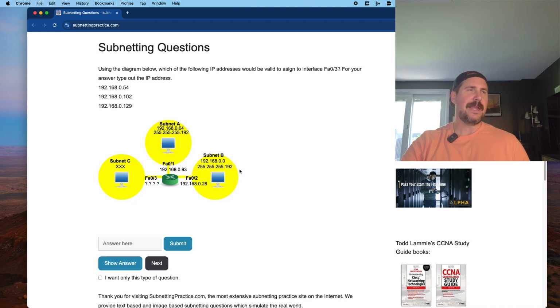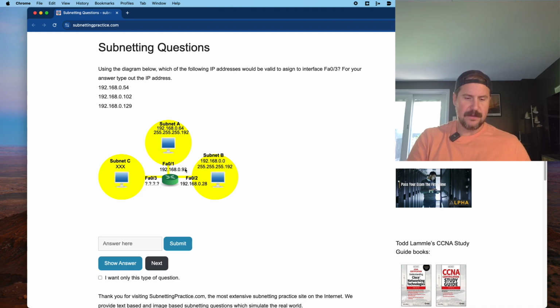The same thing for subnet A. We give it a range from 64, and it's a block size of 64, so 64, 128, 127. So a valid IP address for F01 is somewhere within the range, in the fourth octet, of between 64 and 127.